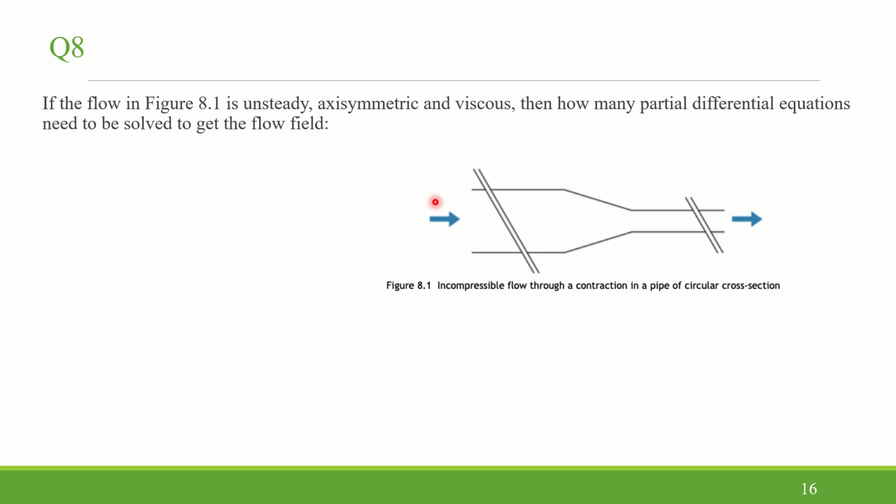But if we look at the question statement, it is clearly given that the flow is axisymmetric. So we can solve for 2 axes only. So one dimension we can neglect. Therefore, the momentum conservation equation becomes 2 equations. We can neglect one equation because the flow is axisymmetric.